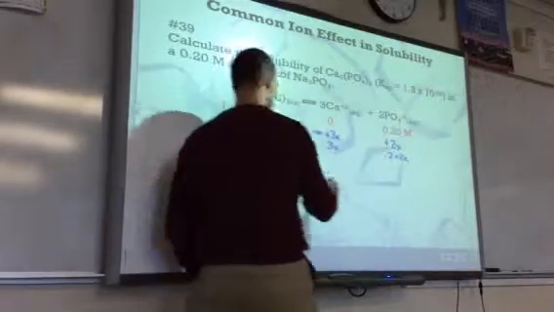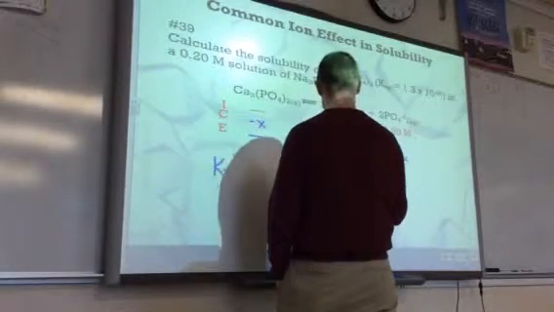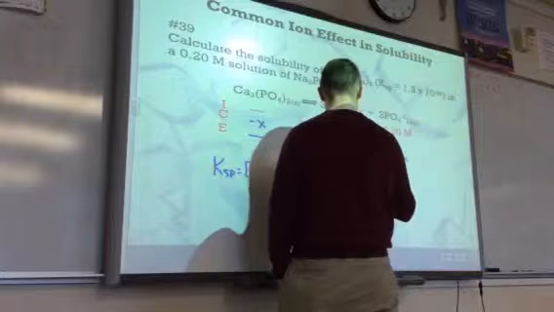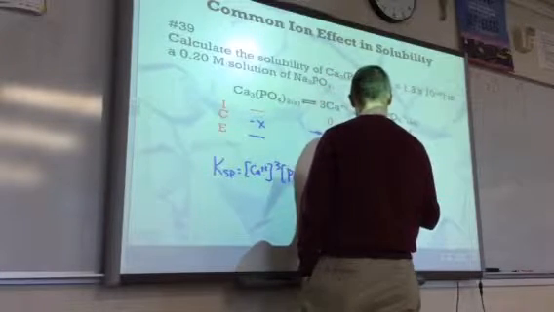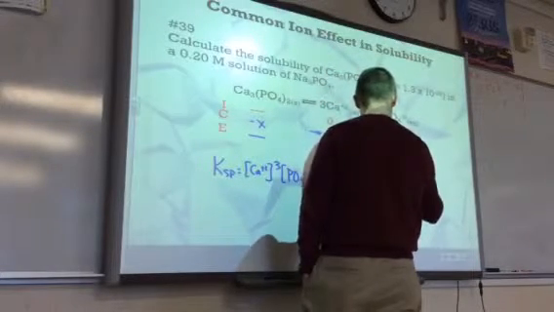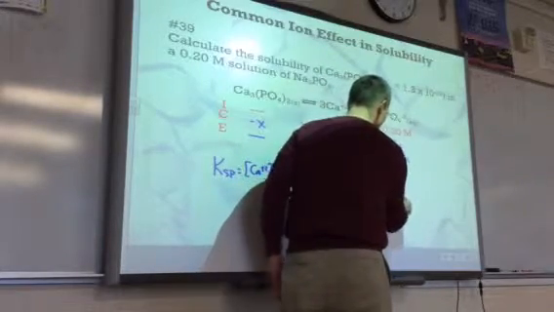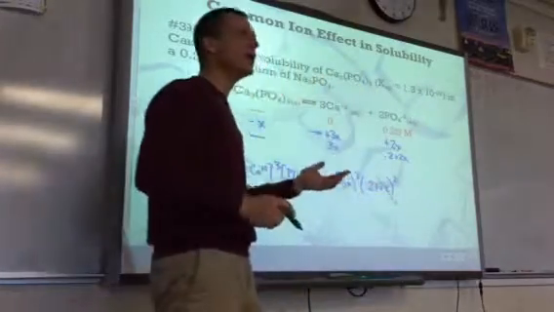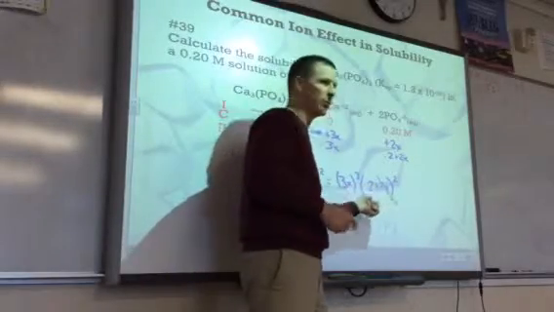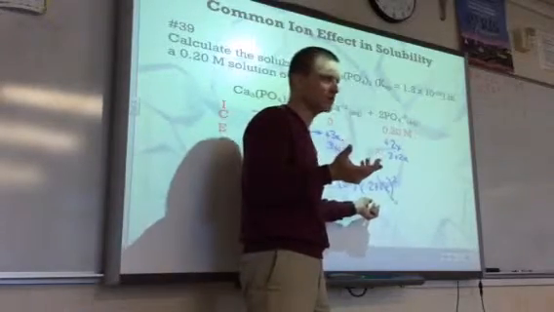And we know those values. We can go ahead and plug them in. Calcium was 3x to the 3rd, and the phosphate is 0.2 plus 2x to the 2nd power. And we just discussed that this plus 2x part, because x is so small, is negligible compared to 0.2. It's not going to be anywhere close.